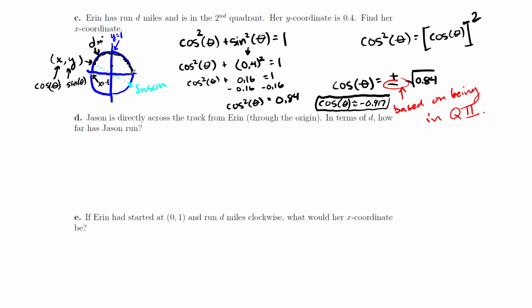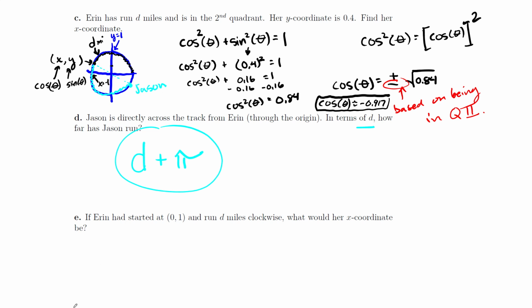Well, if he's directly across, then she went D, so how much further did Jason go? Well, you can see Jason went exactly half the circle more. So in terms of D, he's run D miles plus another pi miles that Aaron hasn't run.